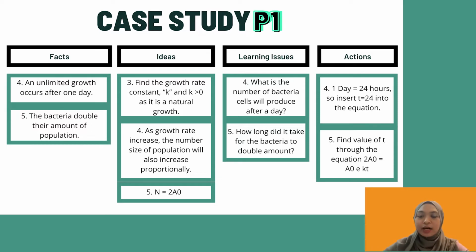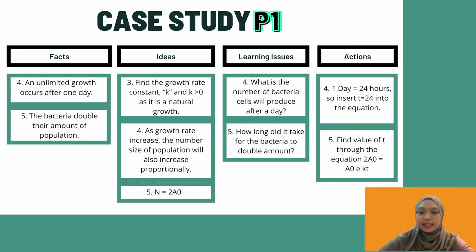The third idea is that the growth rate constant of the bacteria, k, is positive, k is more than 0, as it is natural growth. When the bacteria growth rate increases, the population of the bacteria also increases proportionally. And the fifth idea is the doubling time of bacterial growth, where we can conclude that N equals 2 times A initial.